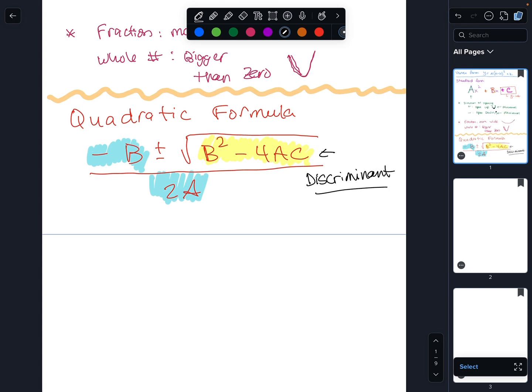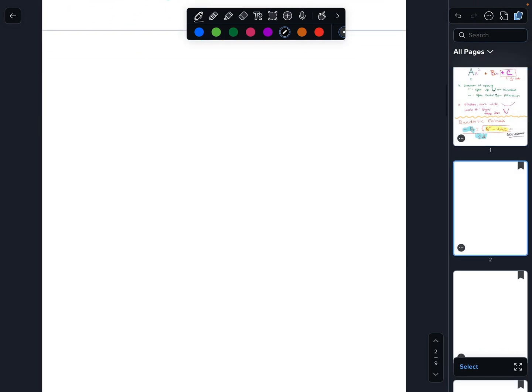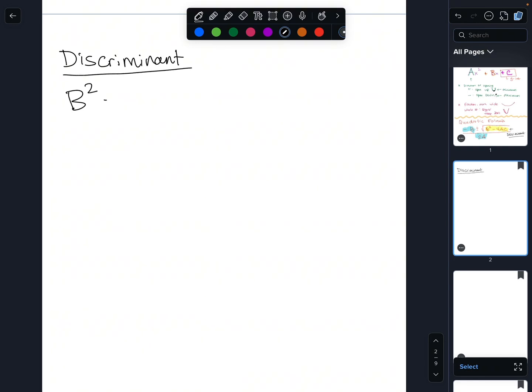Okay, so let's talk about what a discriminant does and why the discriminant might be helpful. So the discriminant is the b squared minus 4ac.